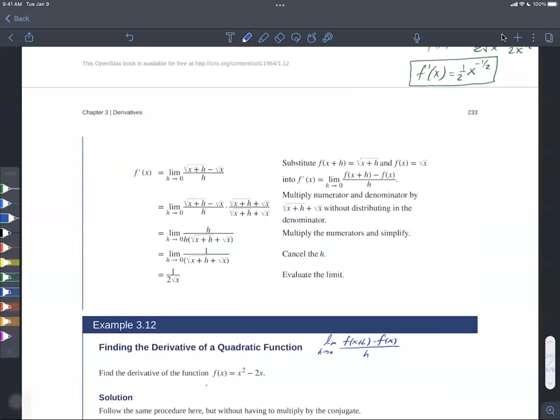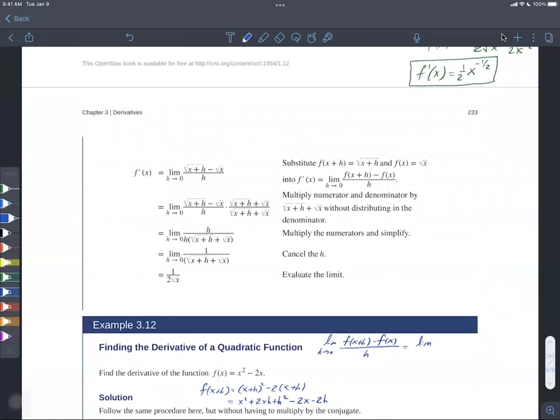I'm not sure if I'll have enough room in this margin here, but we'll give it a shot. f of x plus h is going to be x plus h squared minus 2 times x plus h. This isn't going to simplify too much, but we can try to FOIL this and see what we get. So this is x squared plus 2xh plus h squared minus 2x minus 2h. We don't really simplify much there, but we can plug in now.